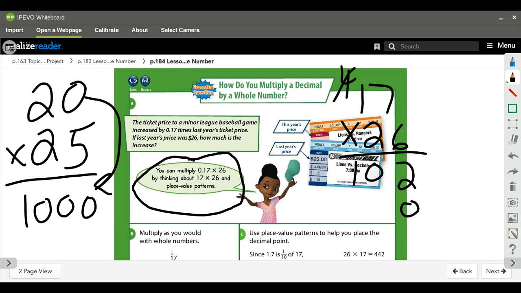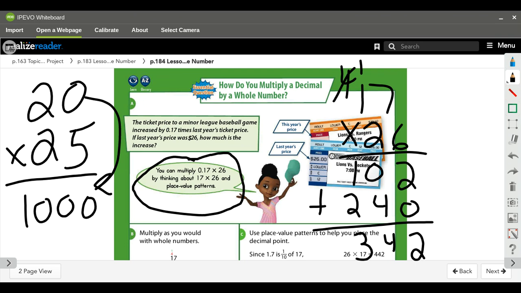Now I multiply by the 10's place value. 2 times 7 is going to be 14, so I put down the 4. I regroup the 1, and then 2 times 1 is going to be 2, plus 1 is going to be 3. So when I add those together, I'm going to get 243.